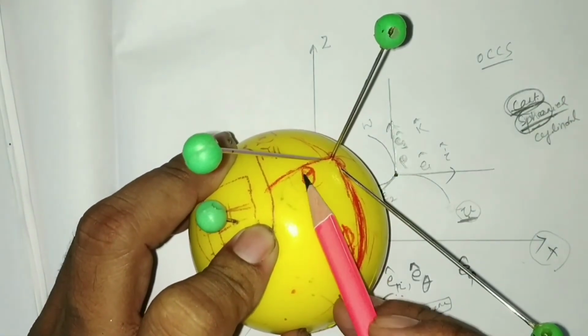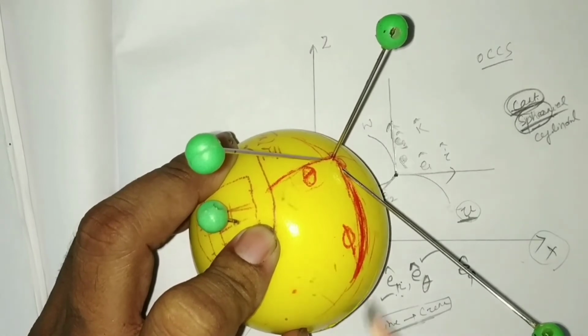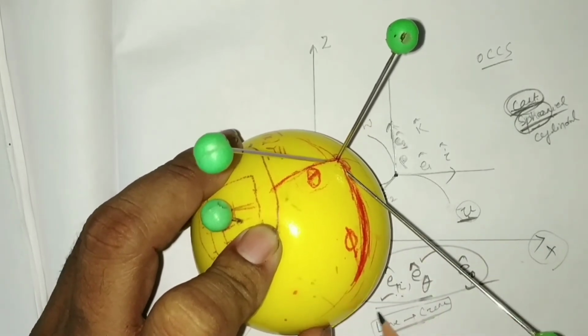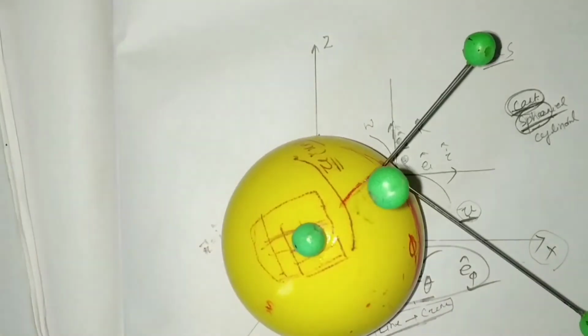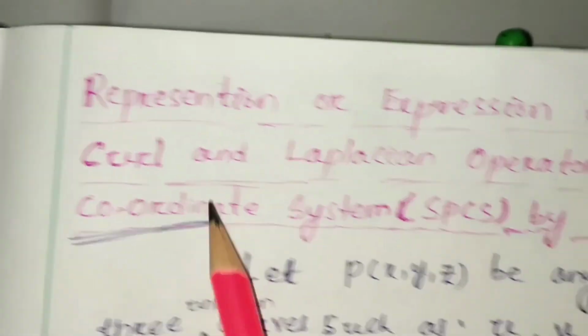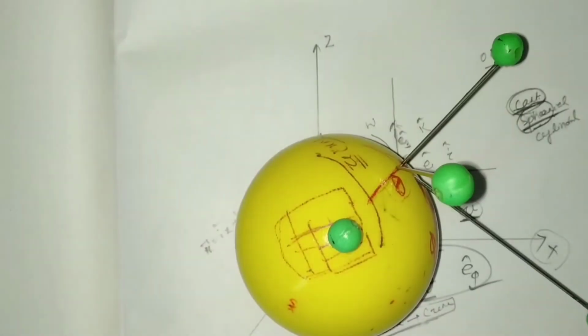For the theta variation curve, the unit vector is E theta cap. For the phi variation curve, it is named as E phi cap. So you just remember these things. It will be required whenever we discuss the representation or expression of gradient, divergence, curl in the spherical polar coordinate system by using OCCS.